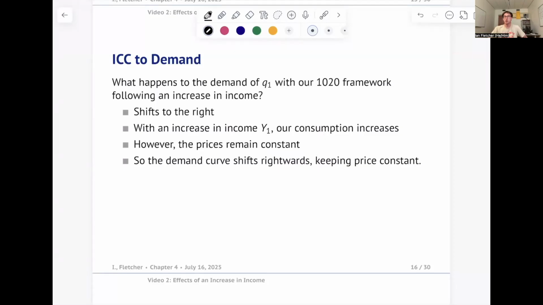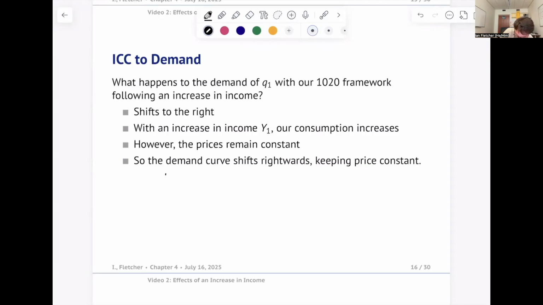If we think about our demand, we're going to have demand here and supply here, and then we're going to have demand shift outwards. With an increase in income, our consumption is going to increase. We always know that if we can consume more, we're going to demand more, but our prices are going to remain constant because it's only an increase internally, not an increase everywhere. But our demand curve is going to shift right, keeping all of our prices constant.